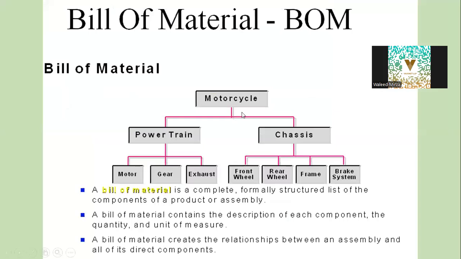Bills of material. A bill of material is a collection of all the components that make one finished product or material. Motorcycle is our finished product, and it has these materials, in two segments, chassis and powertrain.